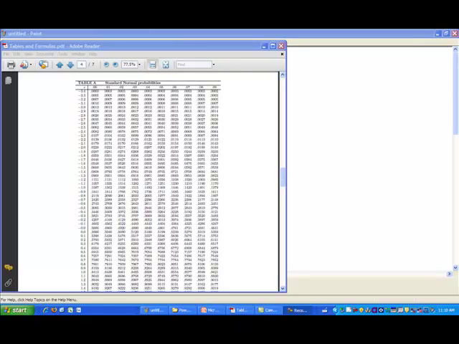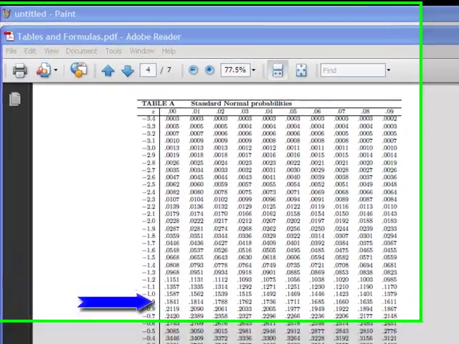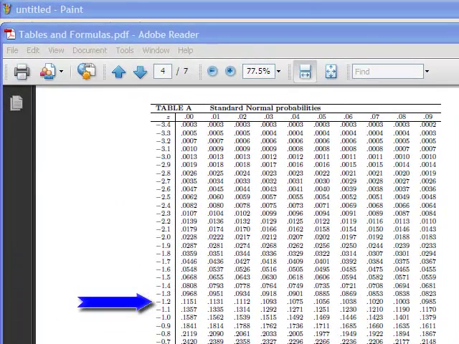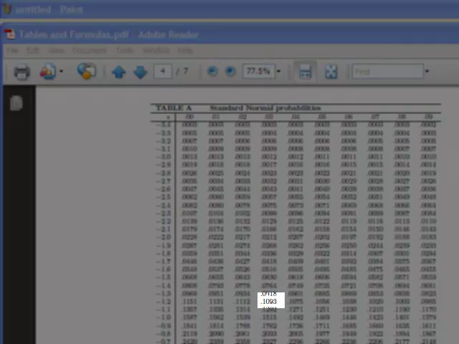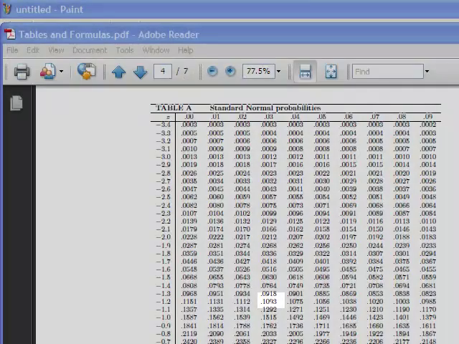So for the probability that z is less than negative 1.23, we look down the z column for negative 1.2, and then across the top for the hundredths place, 3, and we find where those two intersect. They intersect at 0.1093. So that's the probability we were looking for.